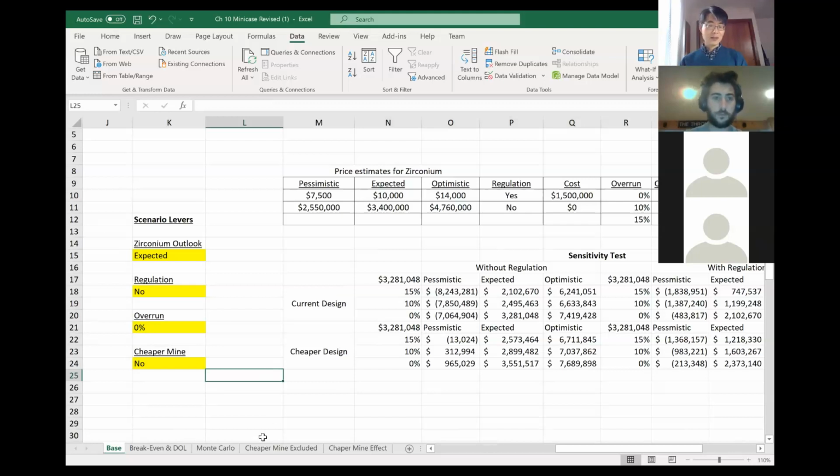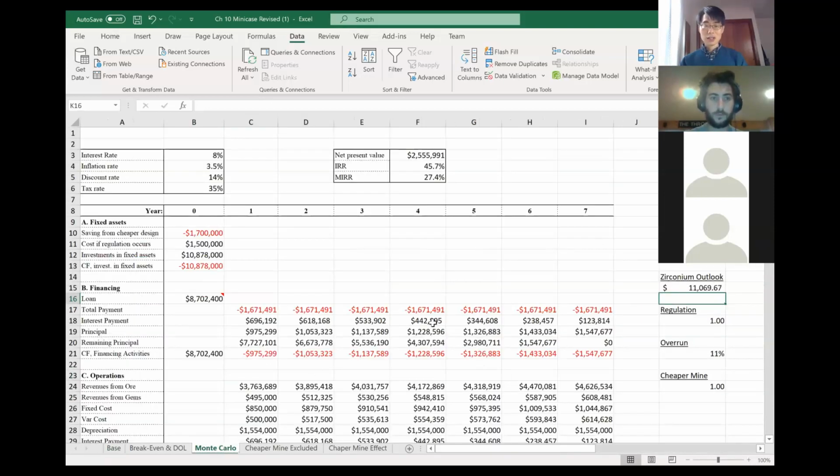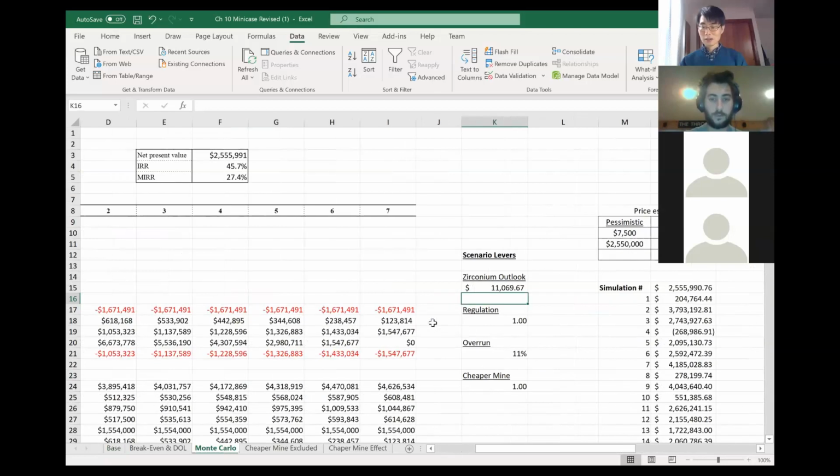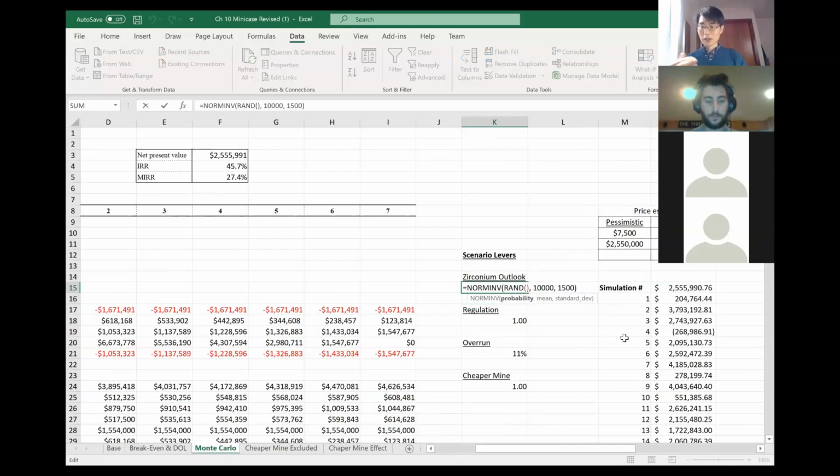To consider that possibility, the best way is to introduce a simulation. But in a simulation, we cannot really use the drop-down menu because the number of cases we can cover is so limited. So instead, we provide a function for each variable.